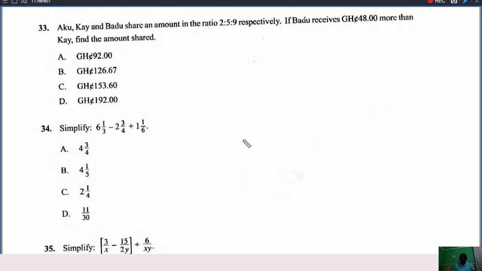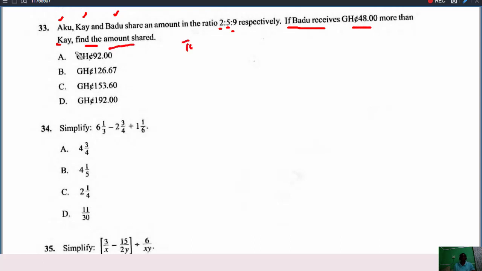Question 33. Aku, K, and Badu shared an amount in the ratio 2:5:9 respectively. If Badu received 48 Ghana cedis more than K, find the amount shared.